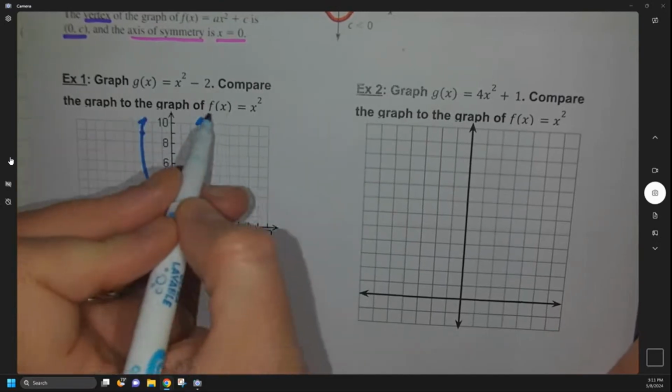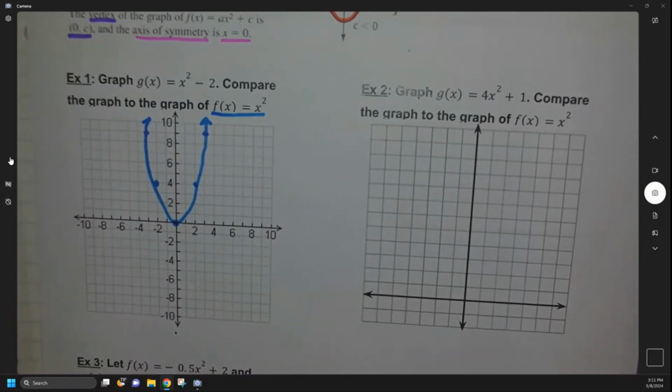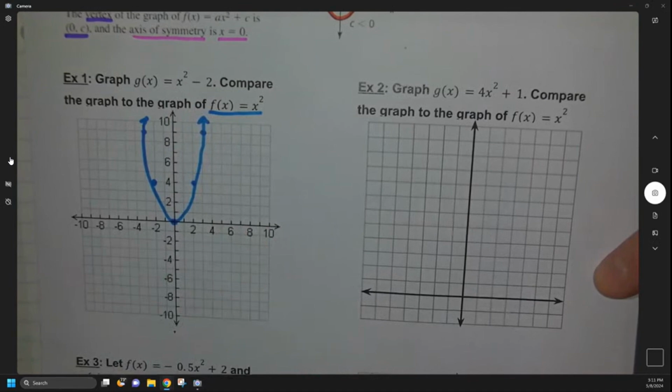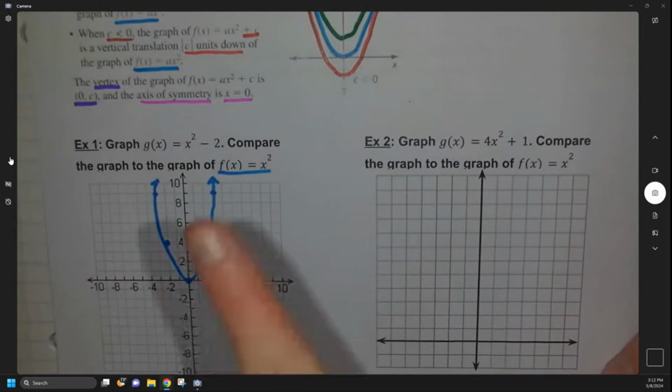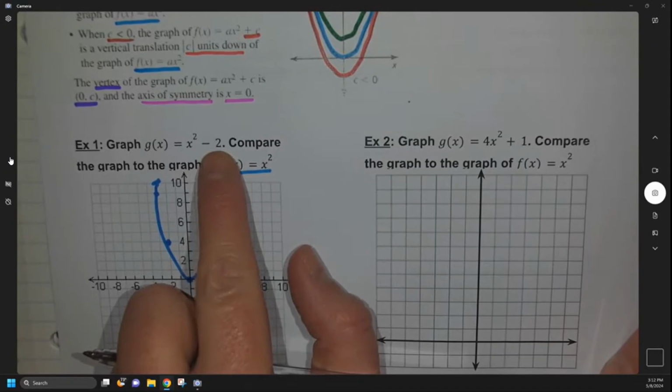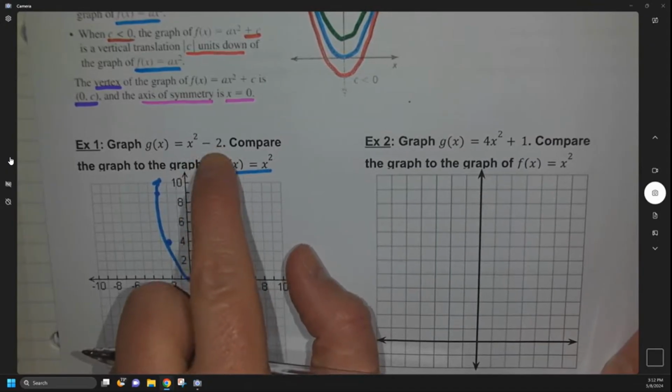That's our original. Okay. So looking at that original there, now we're going to get some points, some coordinates for our function g. So let's jot a table here in our notebook. So for example 1, we've got an XY table here. Something I want to point out to you, what we just figured out at the top is this part here, that -2 that we have in our equation.